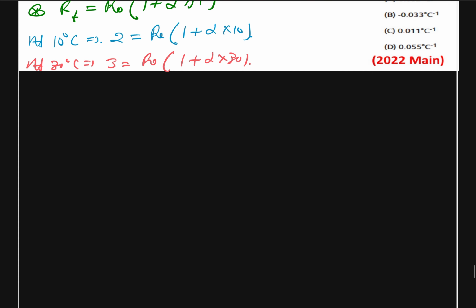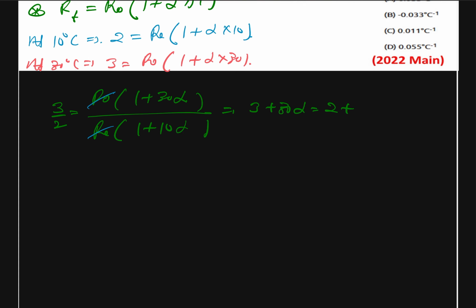We simply take their ratio, and we get 3 by 2 is equal to R naught times 1 plus 30 alpha over R naught times 1 plus 10 alpha. R naught and R naught cancel out, and we cross multiply. So this will be 3 plus 30 alpha is equal to 2 plus 60 alpha.